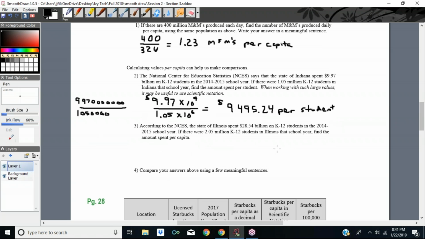All right, next we're looking at Illinois, and they spent 28.54 billion and had 2.05 million students. Let's find the amount they spent per student. $28.54 times 10 to the 9th divided by 2.05 times 10 to the 6th.